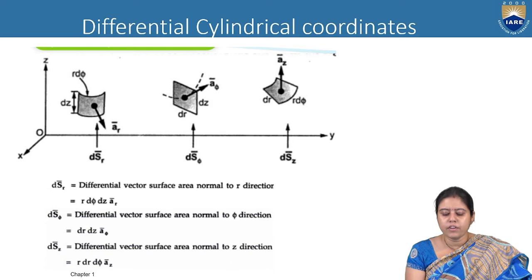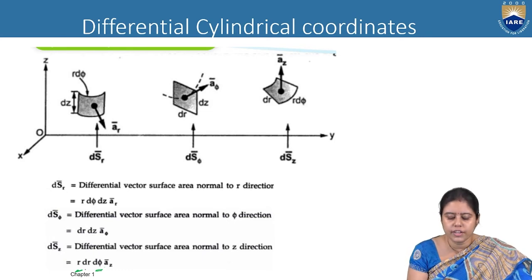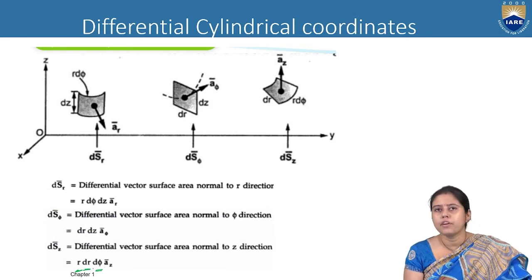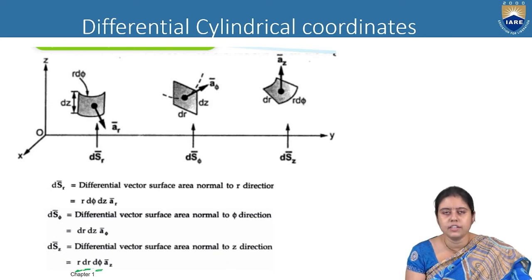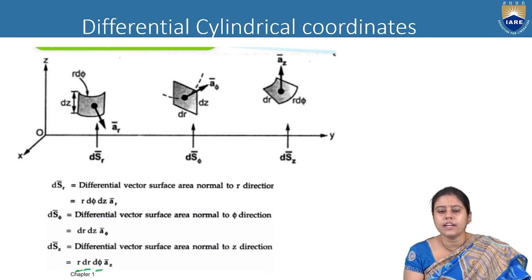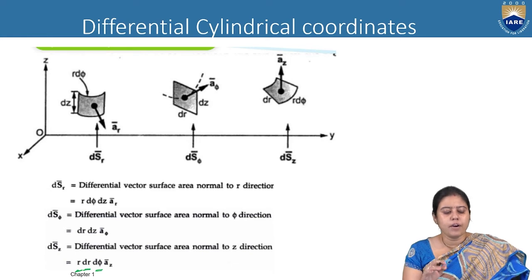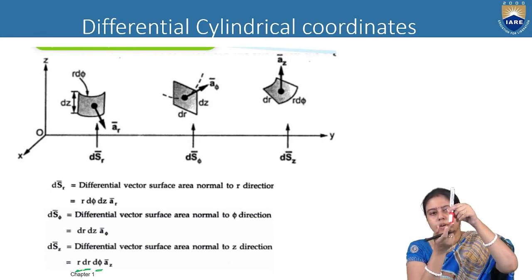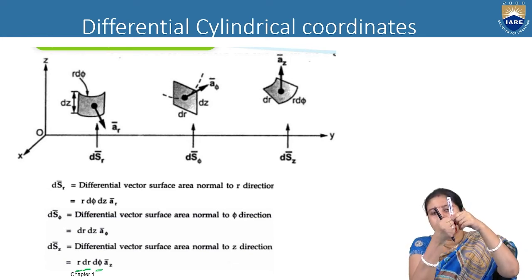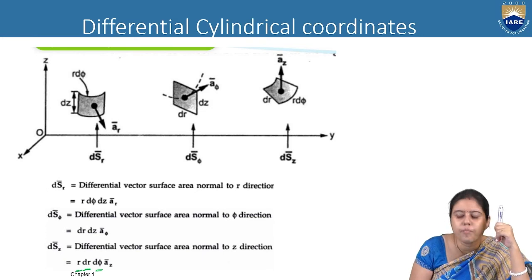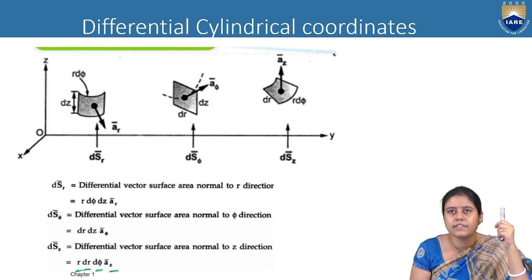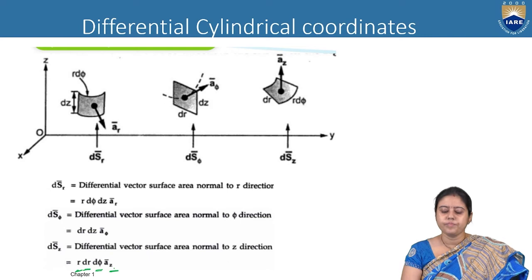So the z plane constant means r into d phi, the angle is changing, into dr. Why dr? Because the radius is also changing. And what is the direction? If we are thinking about this plane, what will be the direction? Direction is upwards. So direction is the a z.